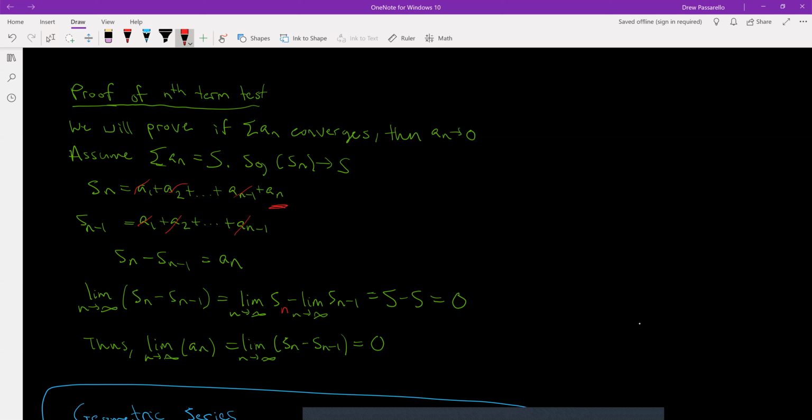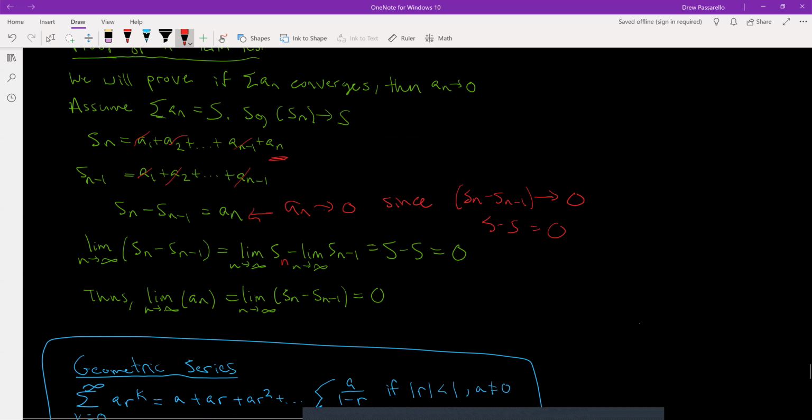And thus we have that this is also 0, since the limit of the difference S_n minus S_(n-1) is 0, because this was S minus S, which was 0. So that's the proof of the nth term test.